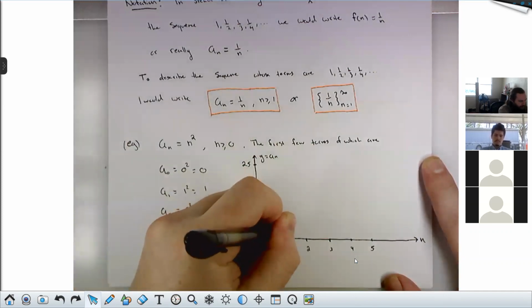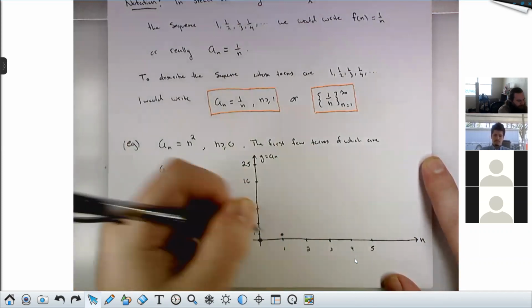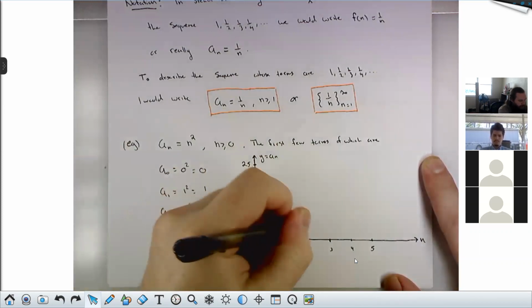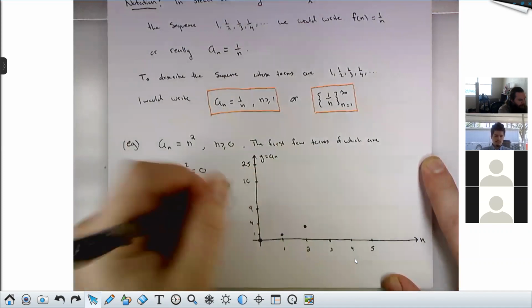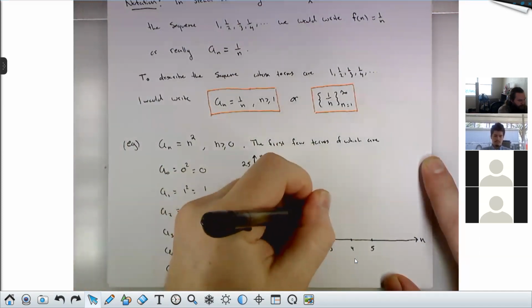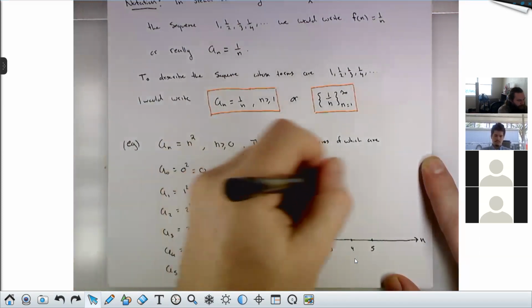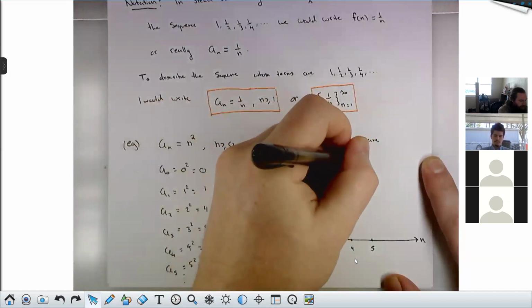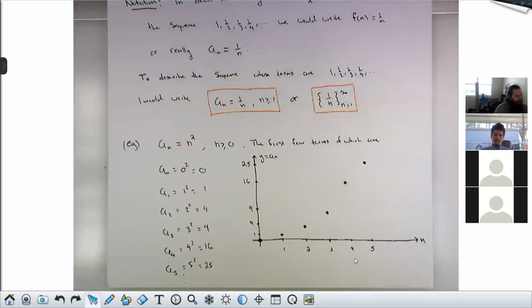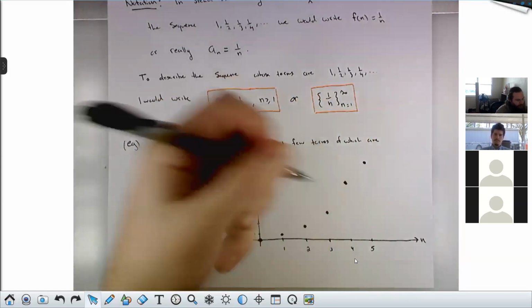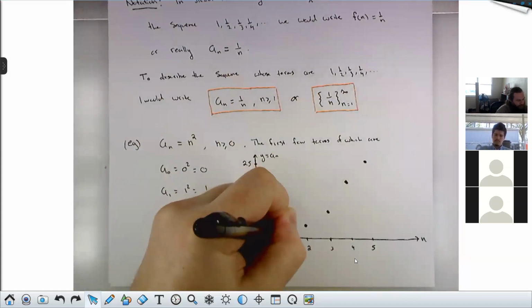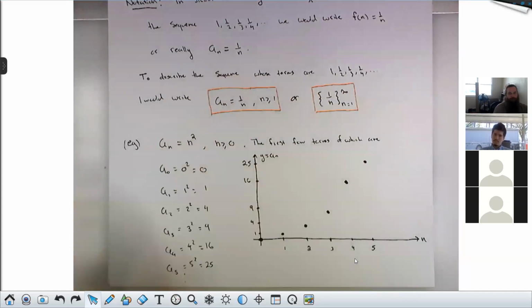So that's here. 2, 4 is on the graph. 3, 9 is on the graph. 4, 16 is on the graph. And 5, 25 is on the graph. Well, this is what the graph of this sequence looks like. It's just some dots.